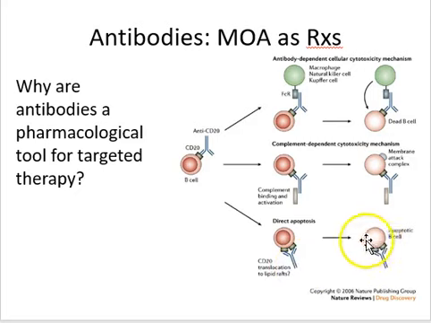The B cell signaling pathway is shut down, and the B cell undergoes apoptosis. So those are the 3 different mechanisms where a monoclonal antibody, which is this anti-CD20 molecule, this blue monoclonal antibody, can actually shut down a cell process to promote apoptosis.